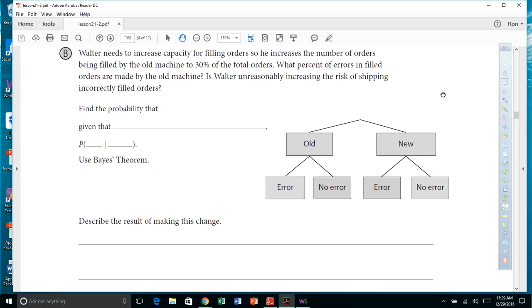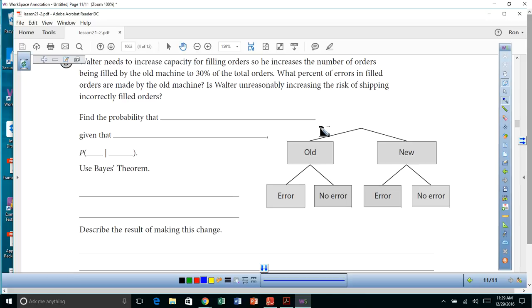Okay, so what do we got? Well, we've now increased this to 30%. All right, so that makes that 70%. Now, this had an error rate of 0.005, and this had an error rate of 0.001.